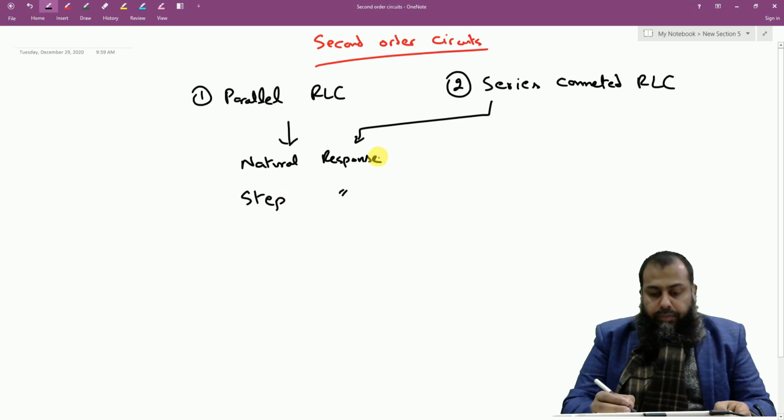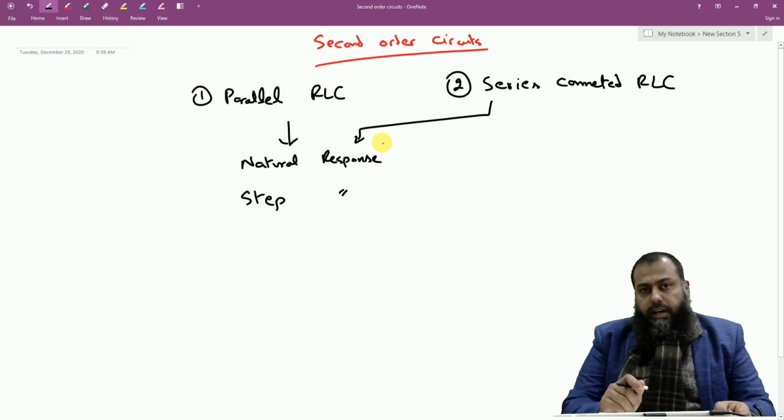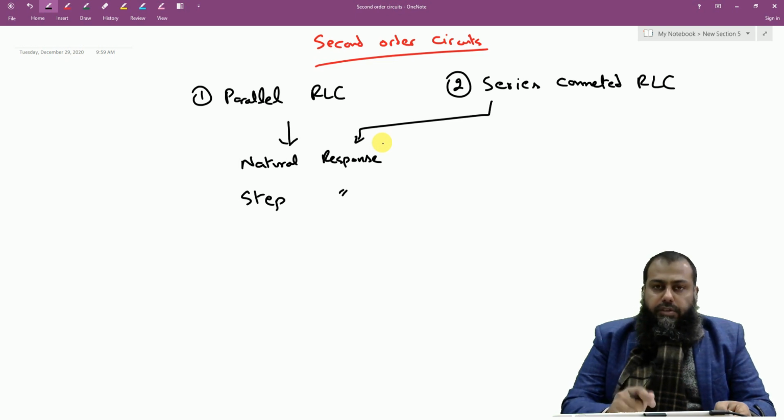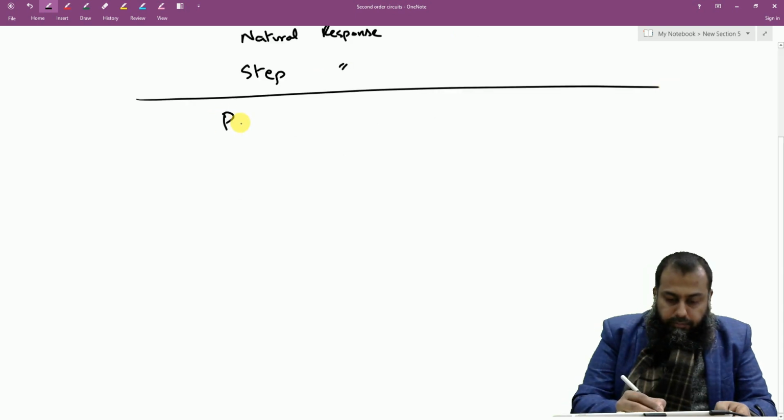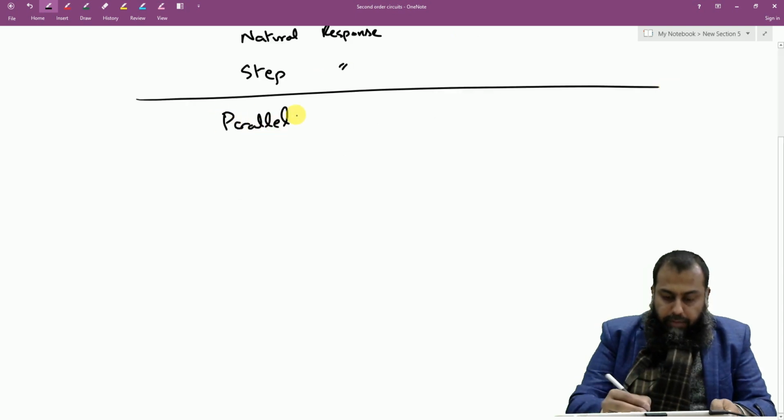In doing so, we will visualize the differential equations involved, and we will notice that these differential equations contain higher order derivatives compared to the first order circuits that we discussed last week.